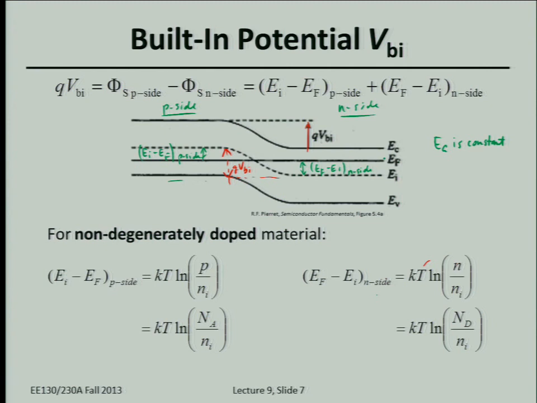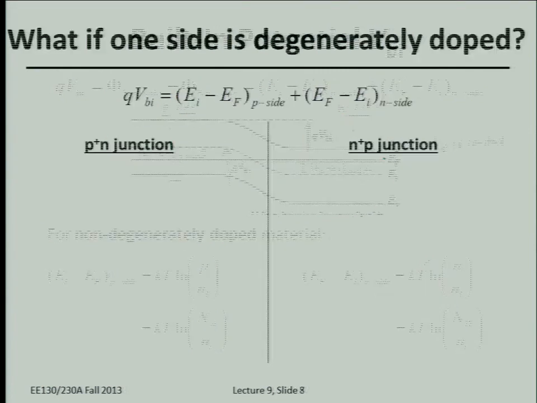Majority carrier concentration is equal to the dopant concentration. That's always our simple approximation. Make sense? So let's add these two green arrows together.